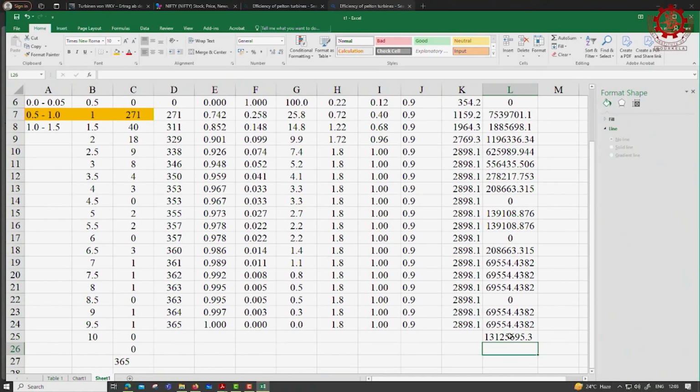Now it is a large number, therefore I will divide the last cell value by 10 to the power 6 to make it gigawatt hours. You can see 13.12 million units of electricity.